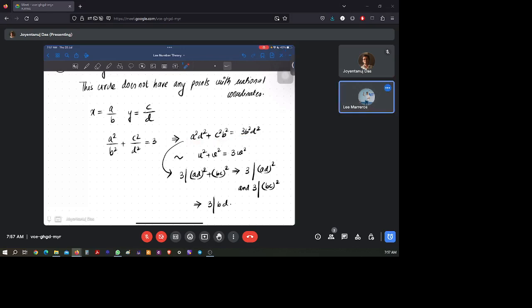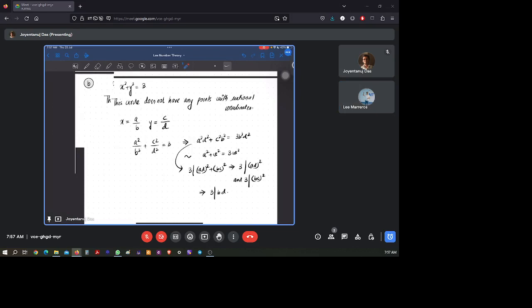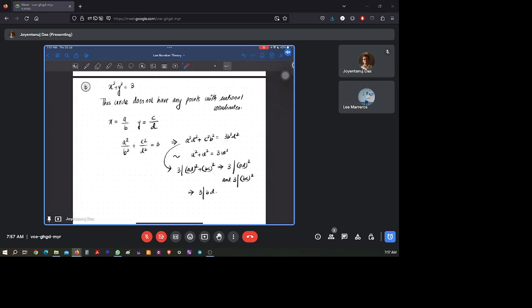What I'm saying is, if 3 divides any square quantity, because it is a perfect square, then 9 should also divide that, because the powers in any number occur in even counts, not a single power.